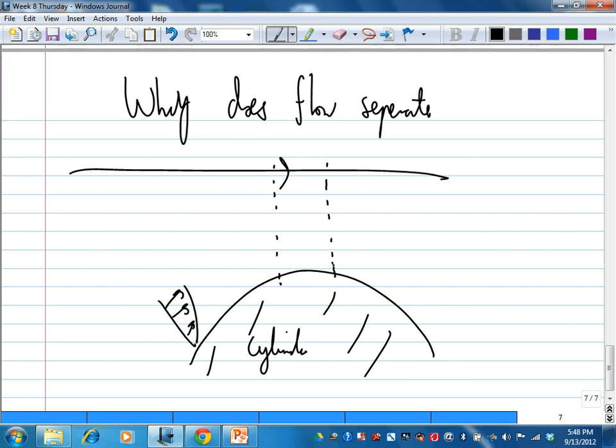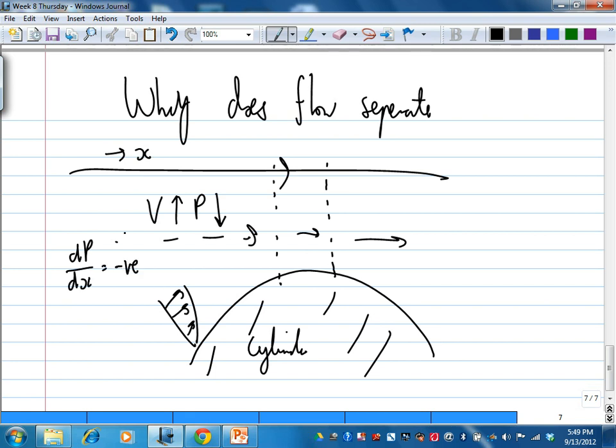This region, what is happening to the velocity? As you go from here to here, to here, what's happening to velocity? Increasing. So what's happening to pressure? Bernoulli equation: velocity goes up, pressure goes down. Let's say this is the x direction. Can I say dp on dx equals to, actually is this correct?